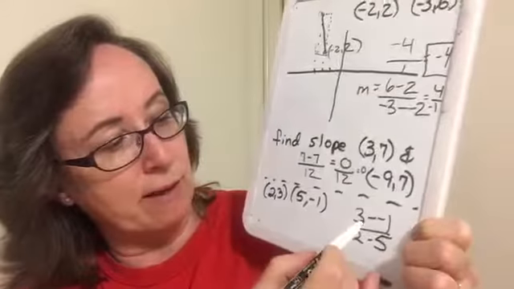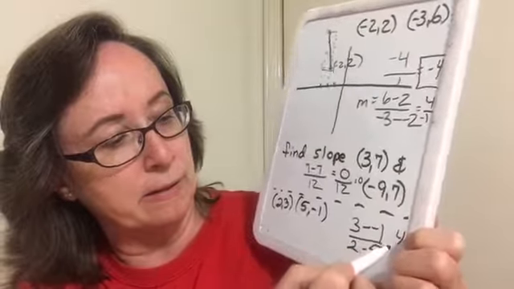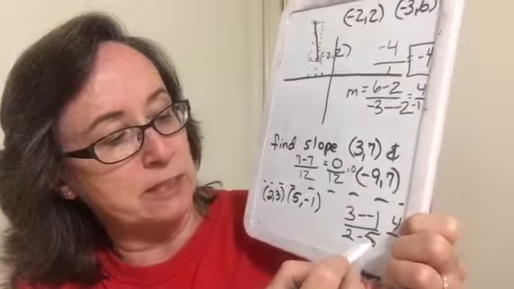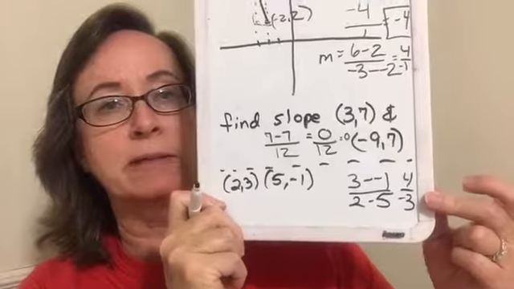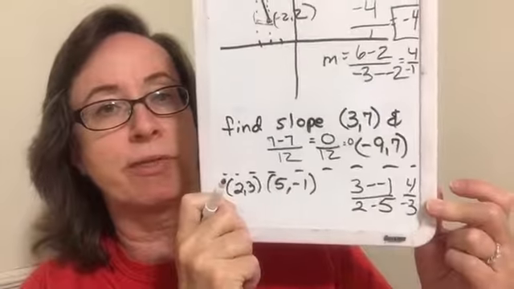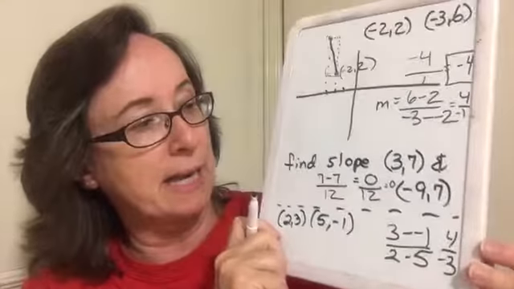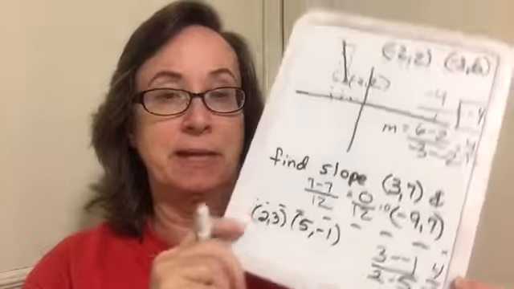So now I've got 3 plus 1 is 4 over 2 minus 5 is -3. So remember, we talked about we don't leave the negative on the bottom. That would be a -4/3 slope. A -4/3 slope would mean it's a declining slope. So I'll be back in a minute with some more of our slides and problems.